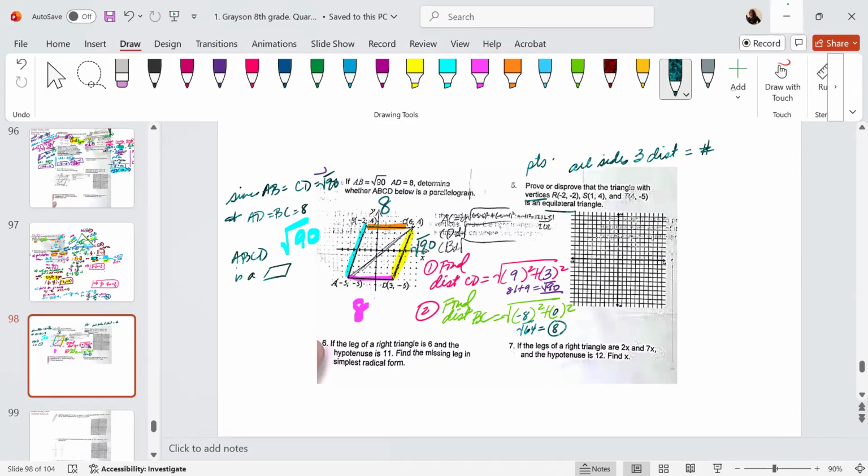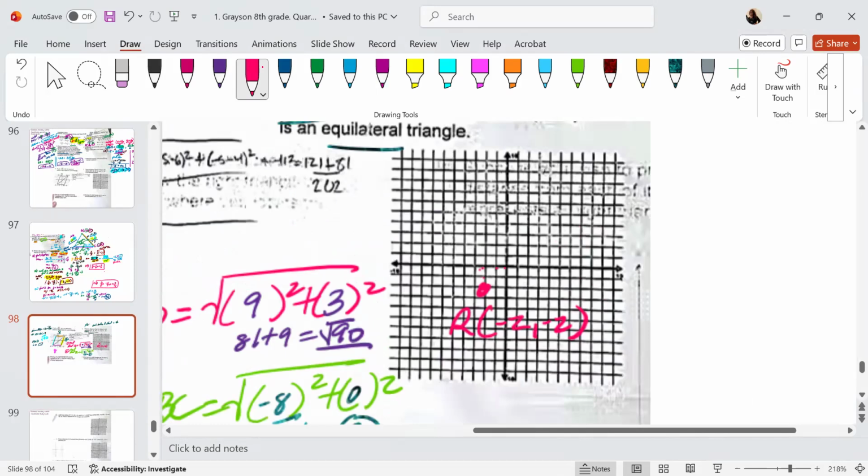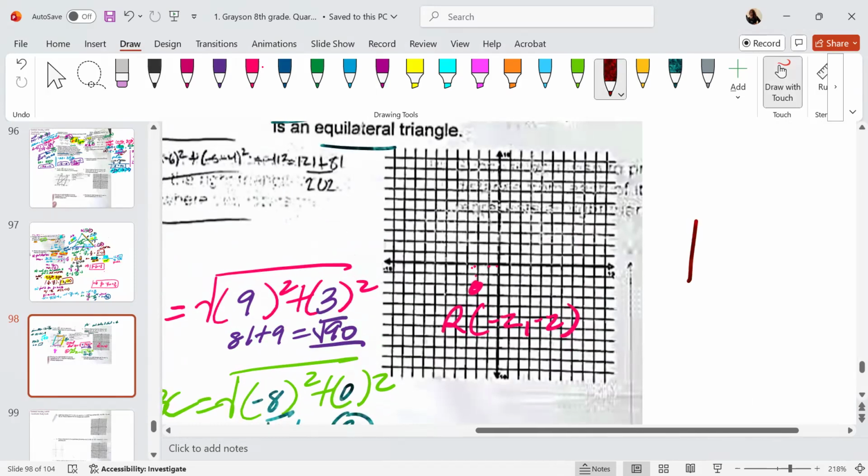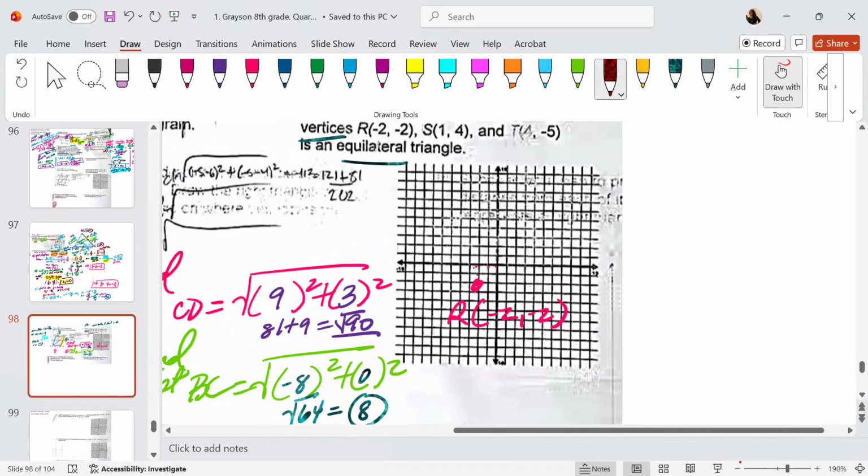That doesn't even look like it's equilateral. Are you sure you graphed it correctly? -2 to -2. That is R, correct? What's the next one? 1 and 4.